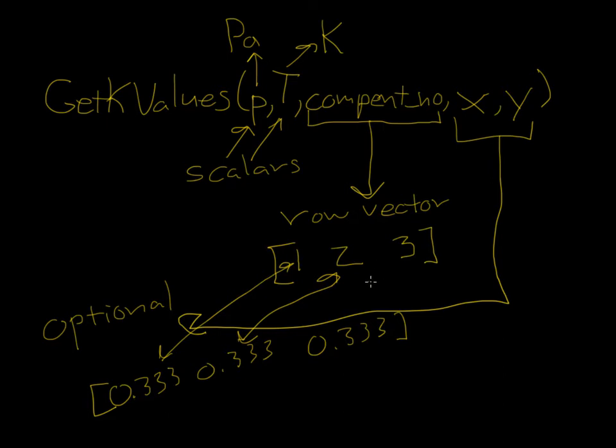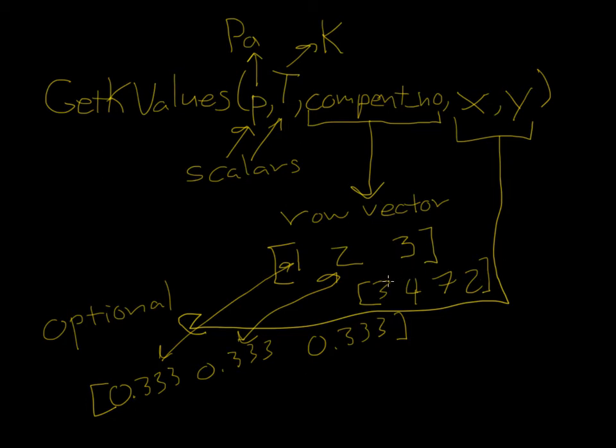If we decide to enter some other order for our component numbers here, like let's say we're looking at component numbers 3, 4, 7, and then we decide we want to look at component number 2, right? These component numbers refer to the database that, again, we're going to be looking at in a second, right?